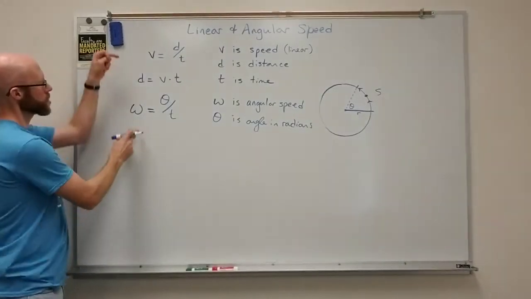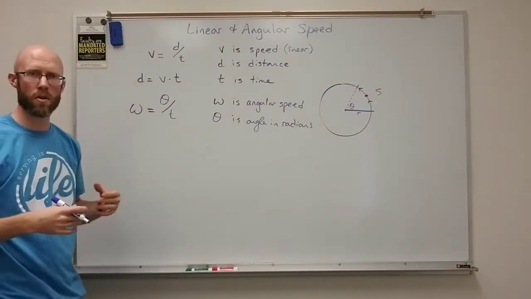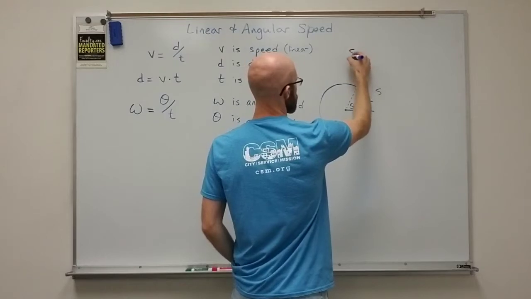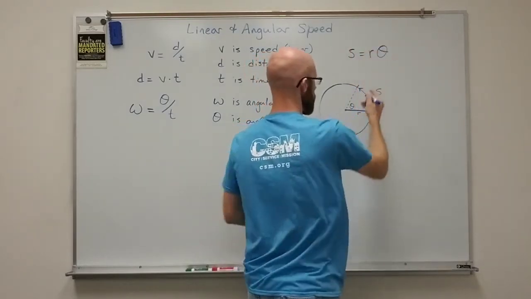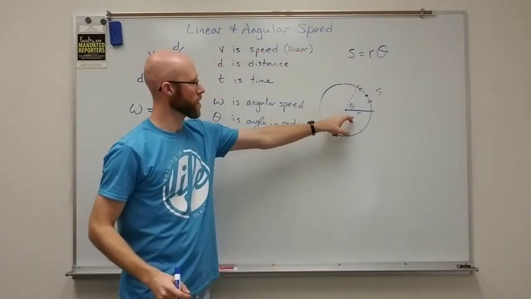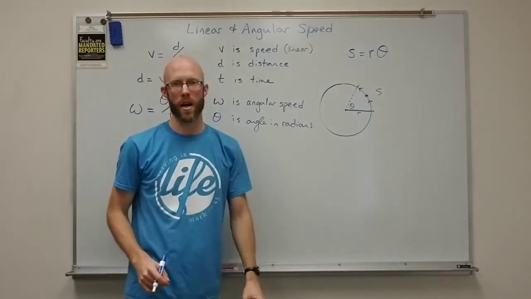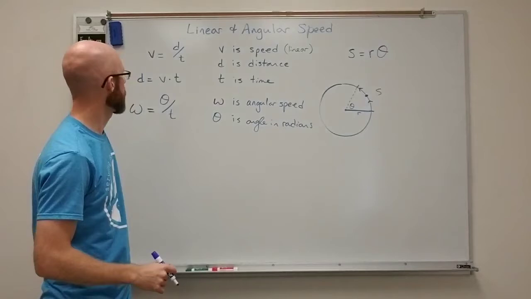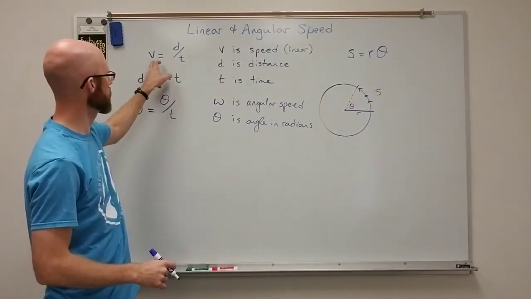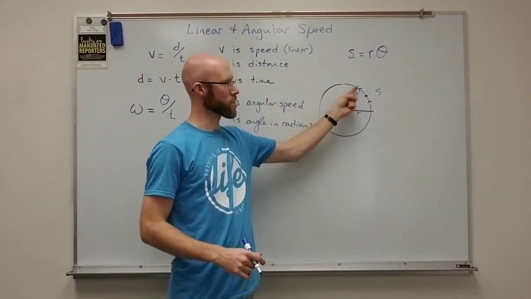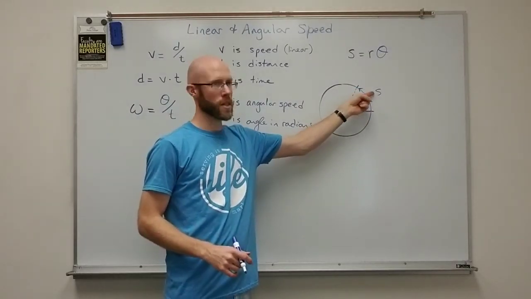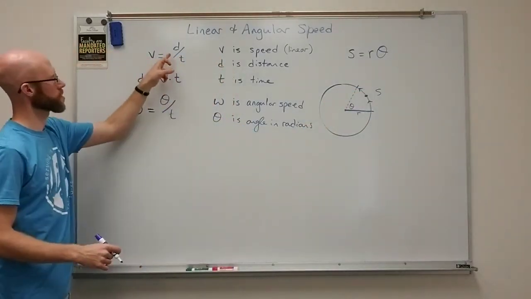And so there's a relationship between these two. And of course, we already know the relationship that s equals r theta. The arc length is the radius times the angle. And so when you think about the linear distance traveled, the distance is really the s. s and d are essentially the same thing, right?